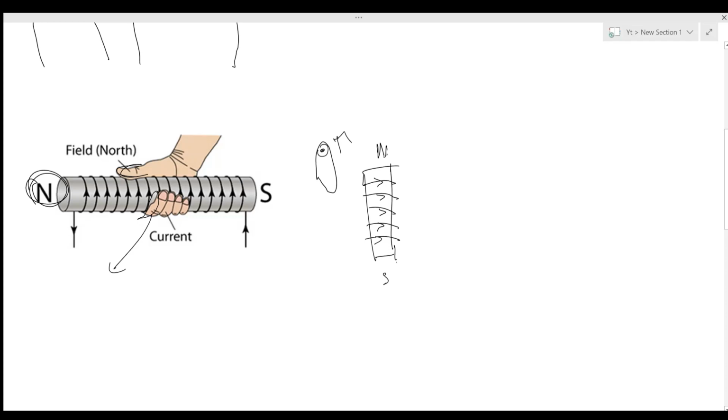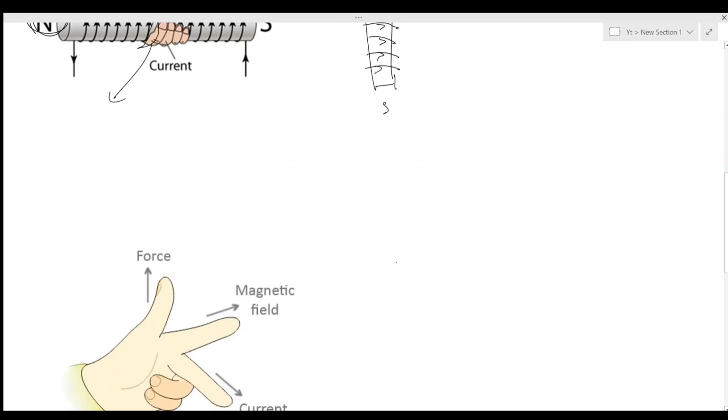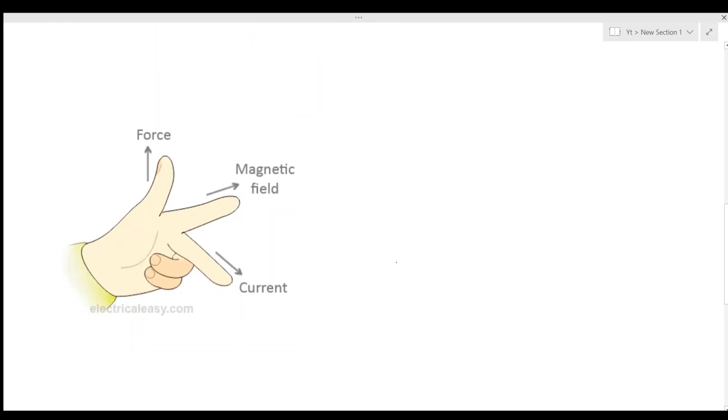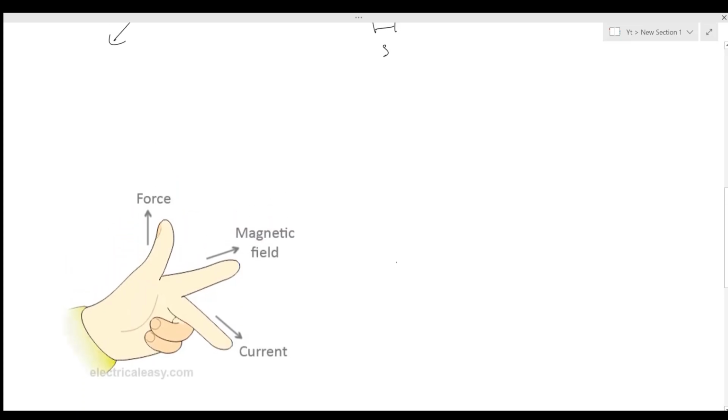Now let's move on to the next part, which is Fleming's left-hand rule. Before introducing you to Fleming's left-hand rule, let's introduce you to a force that is exerted on a current carrying wire in a magnetic field.